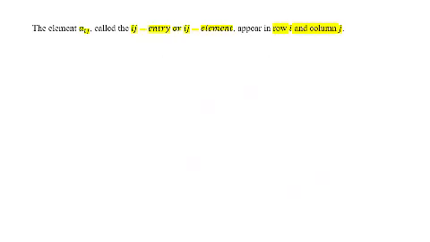Then let's talk about the element Aij. This is called the ij entry or ij element, and it appears in row i and column j. That means if I consider this element of the matrix Aij, then i represents the row and j will represent the column of the matrix.